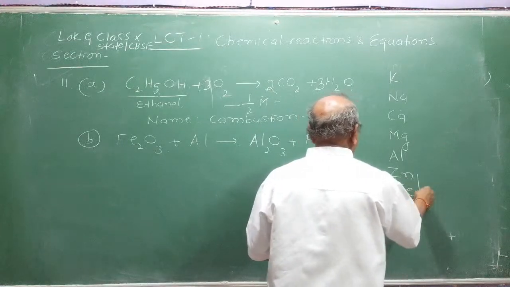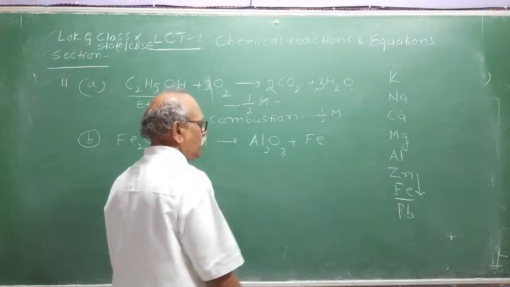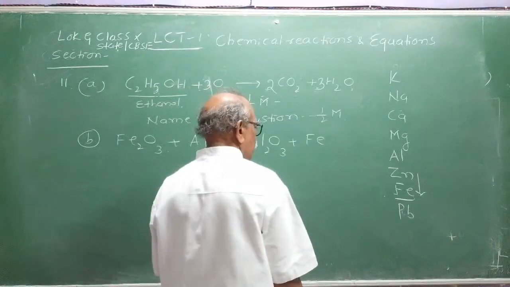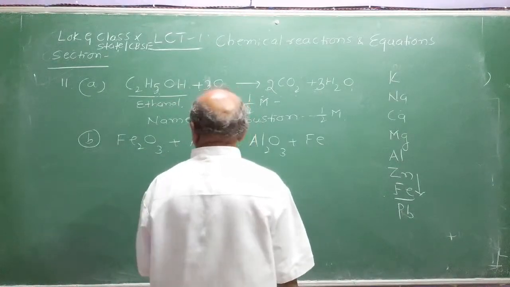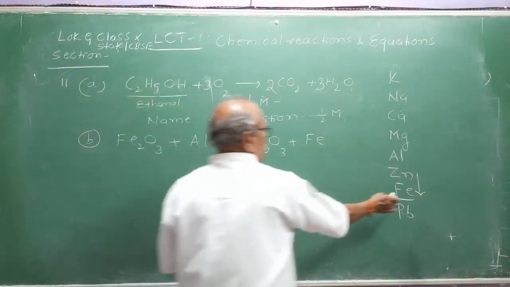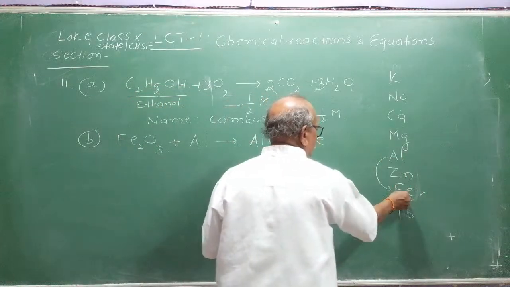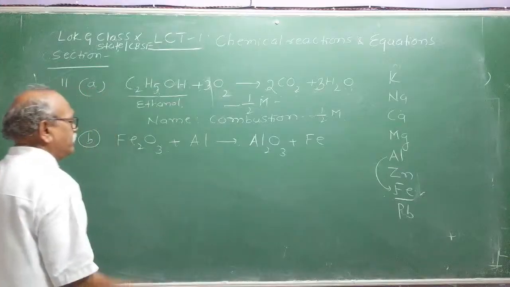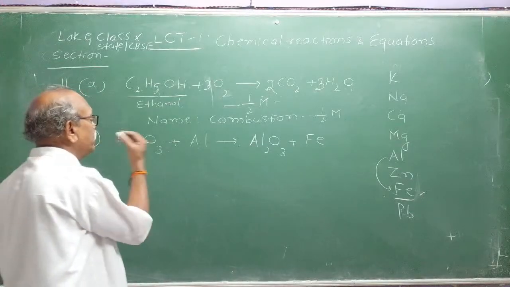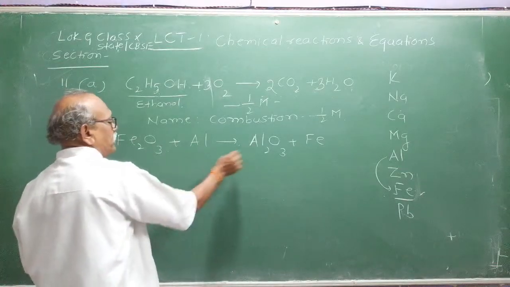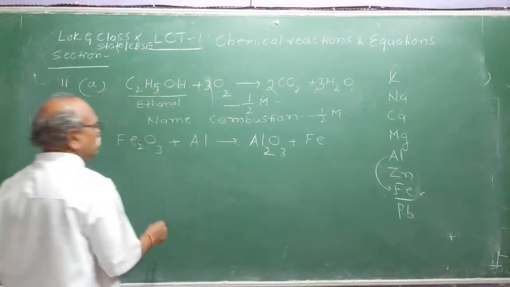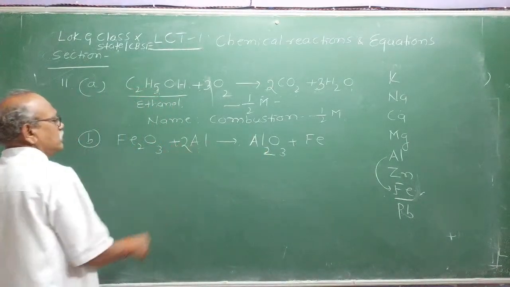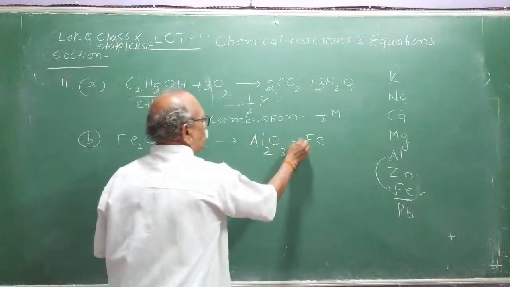Iron is below zinc. Aluminum is above iron. Therefore, aluminum can displace iron from ferrous sulfate. Therefore, Al2O3 plus Fe. Balance the equation: 2 Al and iron atoms are 2.